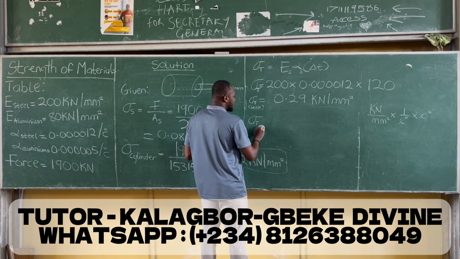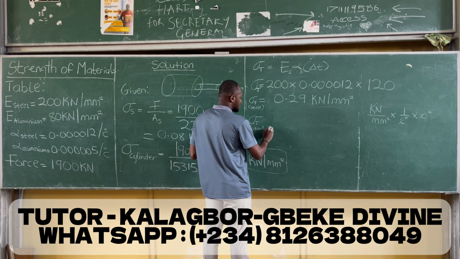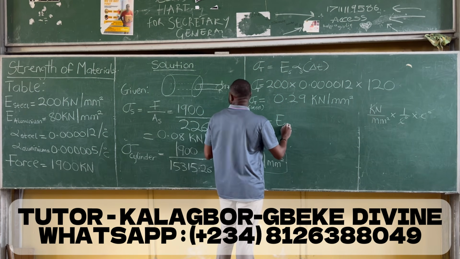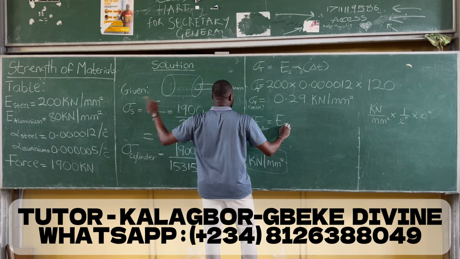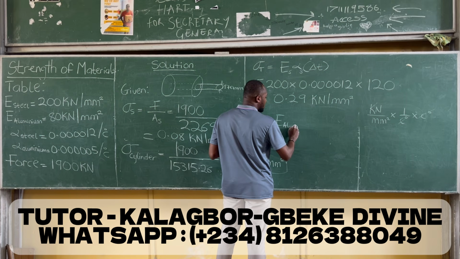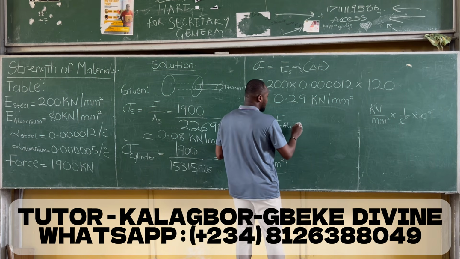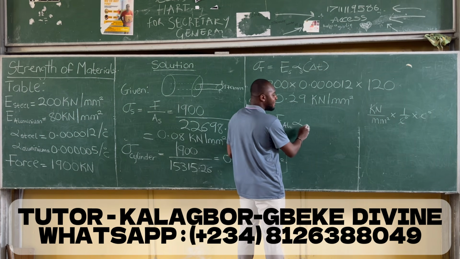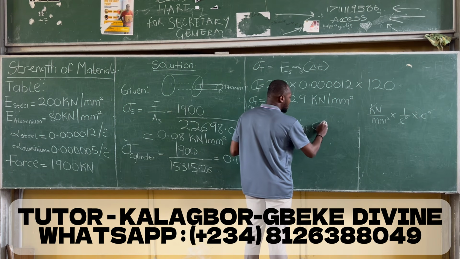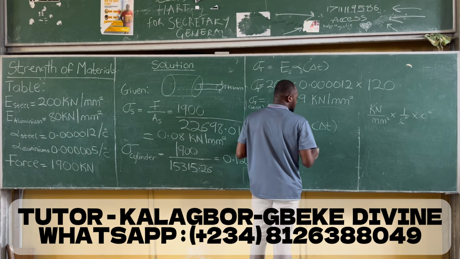This is the thermal stress in the cylinder, which will be the same thing. Epsilon in the cylinder, EC. Cylinder is made of aluminium, so let's write aluminium, AL, times alpha in aluminium, that's the linear expansivity in aluminium, times the change in temperature.